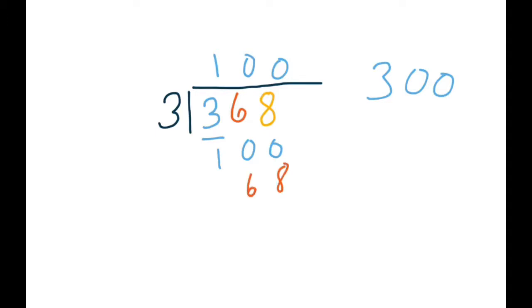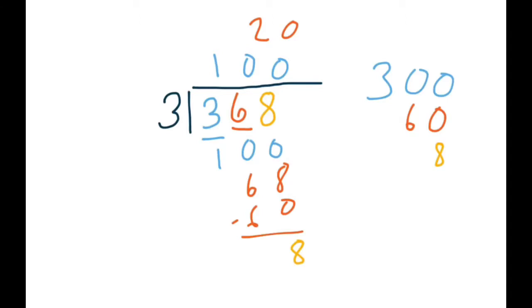So now we look at the 6 in 368, and we know that is 60. And so how do we get from 3 to 60? Well, we know that 3 times 20 equals 60. So we subtract that, and then we're left with 8. And so we need to ask, how do we get from 3 to 8?